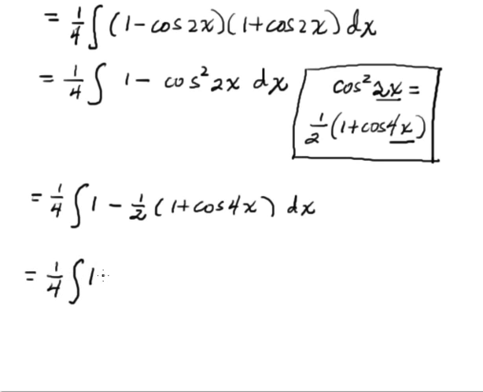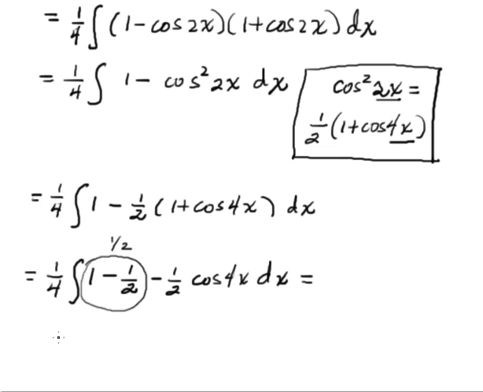Here we have 1 minus 1/2 minus 1/2 cos 4x dx. 1 minus 1/2, that's 1/2. So let's integrate this.